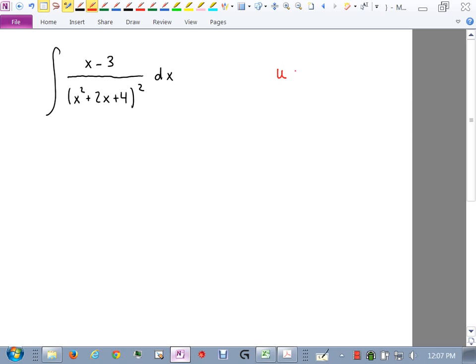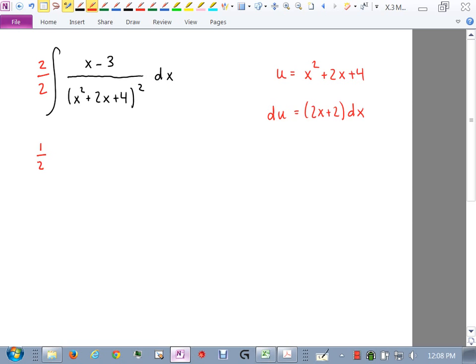If u is equal to x squared plus 2x plus 4, the derivative of that is 2x plus 2 dx. I've got to make this thing up here a 2x plus 2. So what do I start with? 2 on the top and bottom out here.